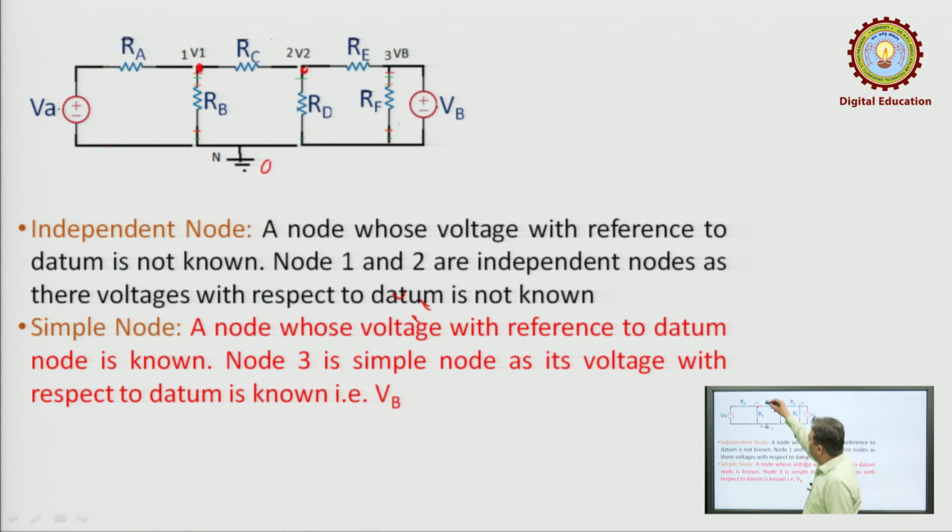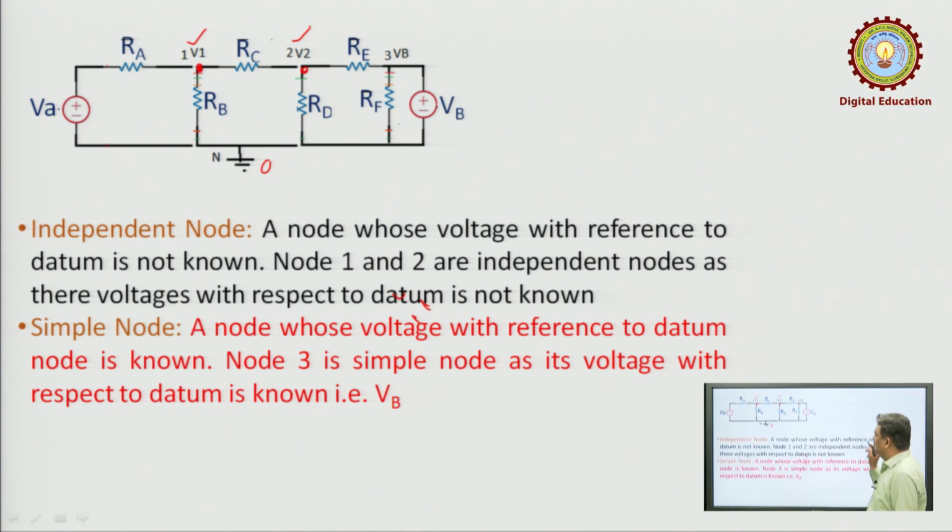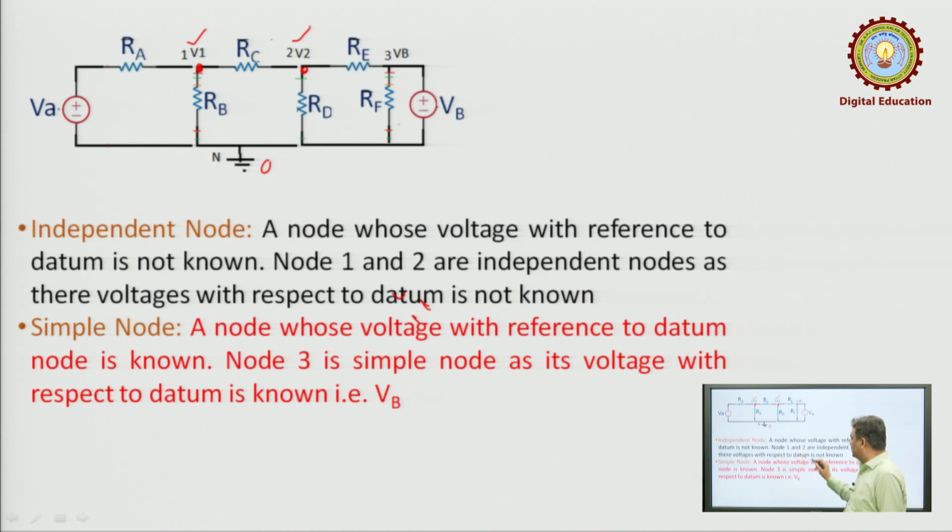So, in this network, node 1 and node 2 are the independent nodes, because their voltage with respect to datum is not known.